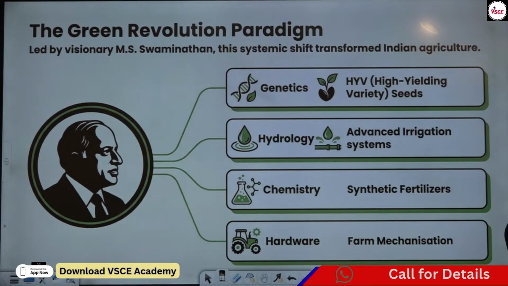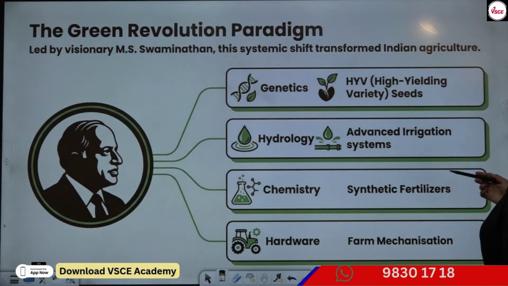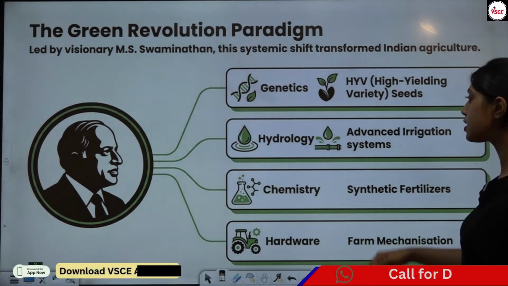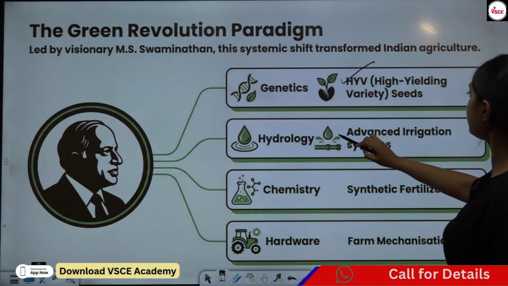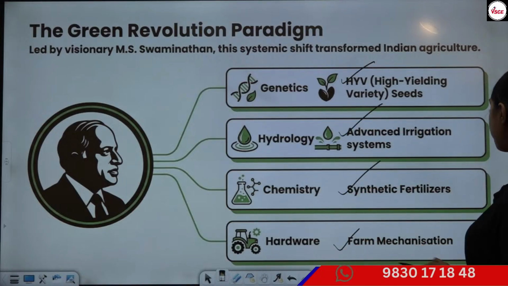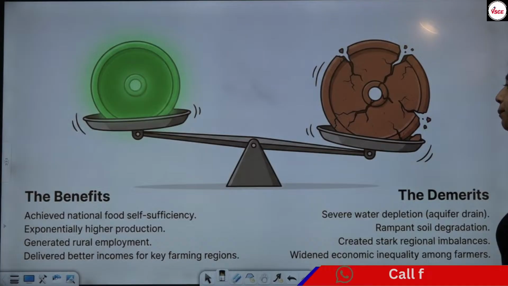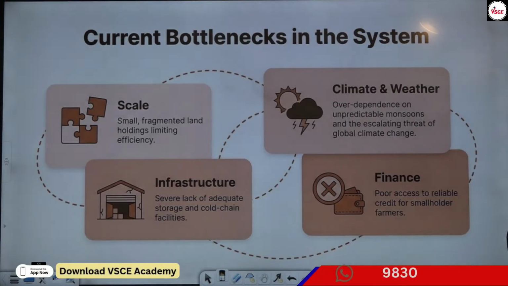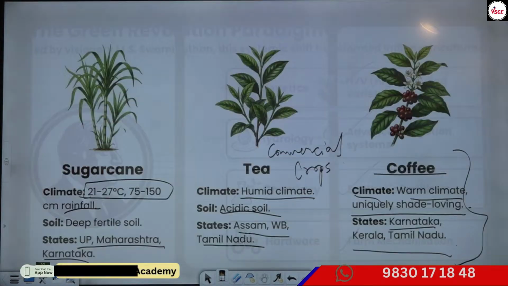Now, Green Revolution, we have already talked about it. Since it's already nine, we are going to talk about the revision factors later on. Just see HYV, advanced irrigation systems, synthetic fertilizers, farm mechanization. Benefits, we have already discussed all of this. The next things we are going to discuss in the next class.